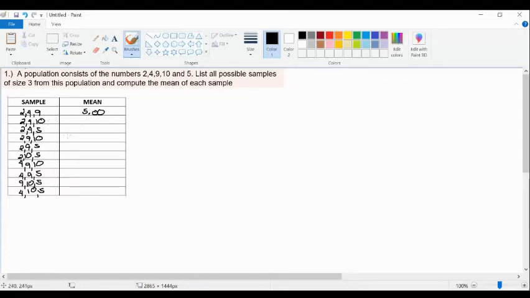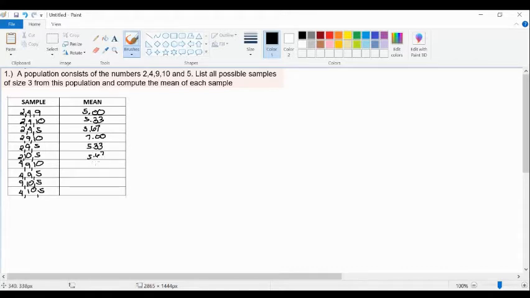So 2 plus 4 plus 10. For this one, the mean would be 5.33. You can try it yourself to verify if the means are correct. Next, we have 3.67, 7, next, 5.33. And then for the mean of 2, 10, 5, that is 5.67.